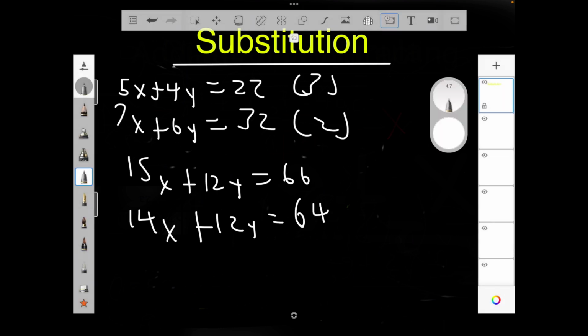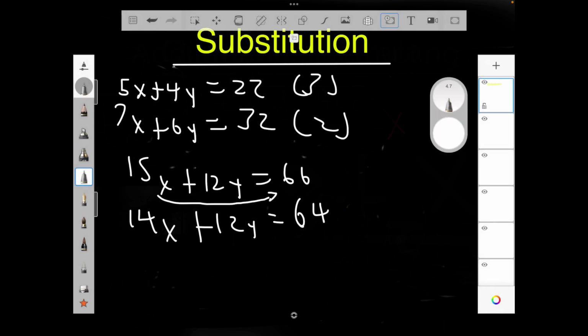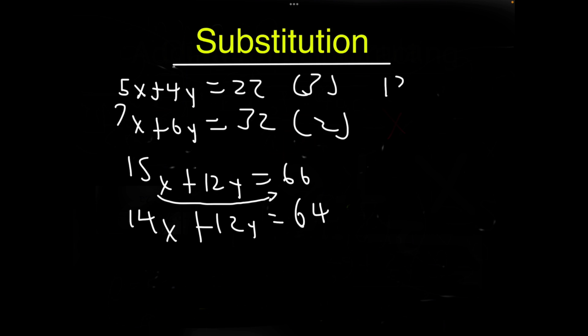So, now that we have the equations out, we see that the 12y's are both the same. So let's move the 15x over here so we can isolate this 12y. So it would just be 12y equals 66 minus 15x.